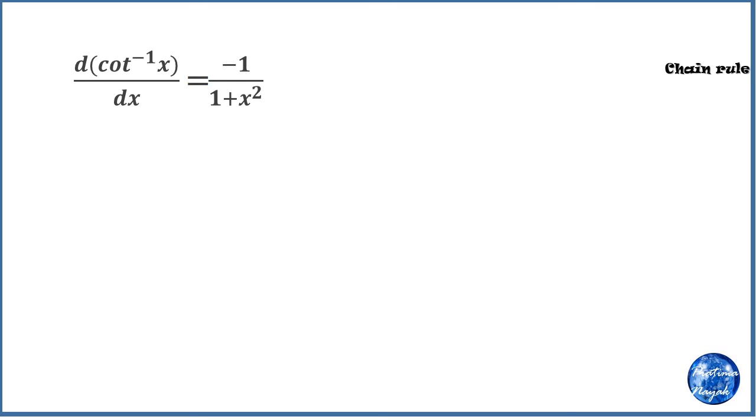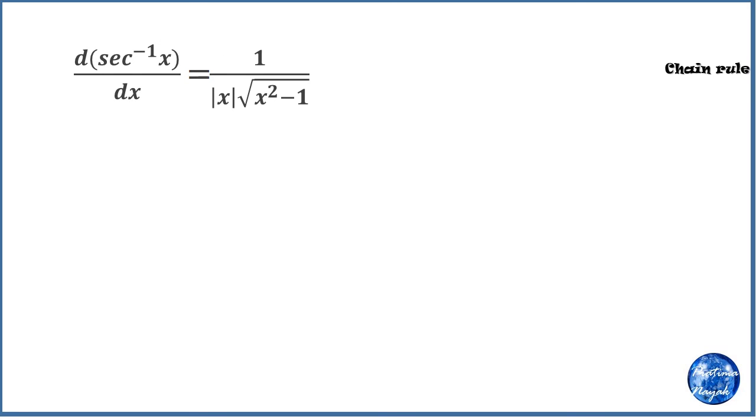Cot inverse x is equal to minus 1 by 1 plus x square. Sec inverse x is equal to 1 by mod x into under root x square minus 1. Cosec inverse x is equal to minus 1 by x into under root x square minus 1. So these are the fundamental formulas.